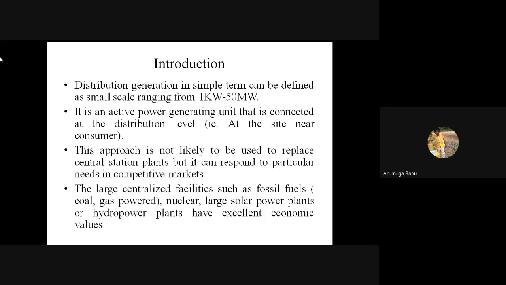Okay. I can't give assurance that distribution generations can completely replace the centralized power systems, but it can respond to particular needs in competitive markets.